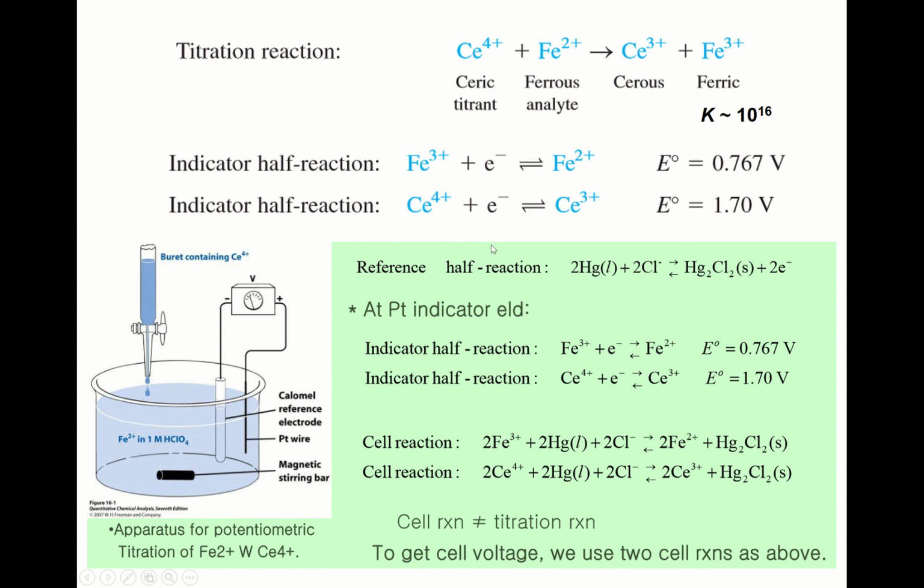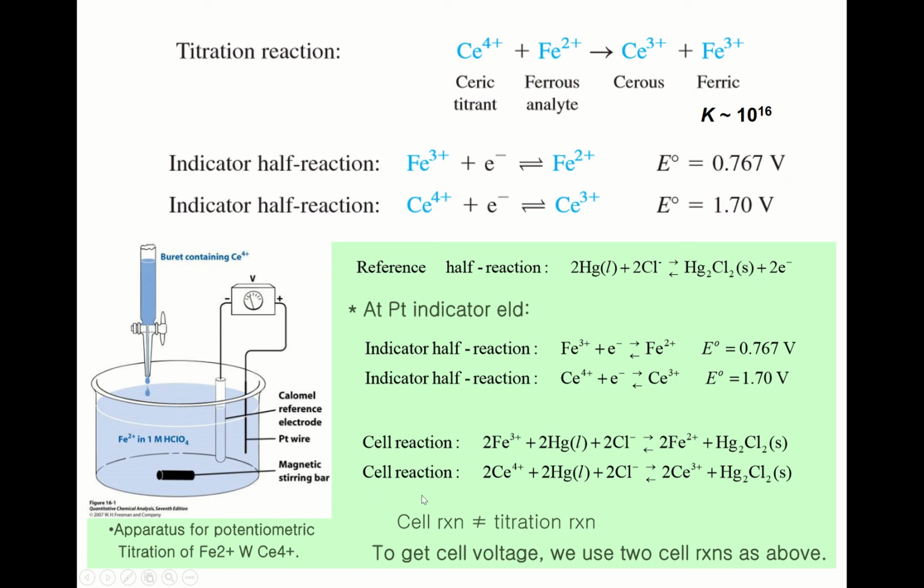So the total cell reaction can be written like this. If you use the ferric and ferrous ion reaction together with this reference reaction, you can write it this way, or if you use the other ferric and ferrous ion reaction, you can write it this way. This is a cell reaction, but this is a titration reaction. They are not the same. Why?